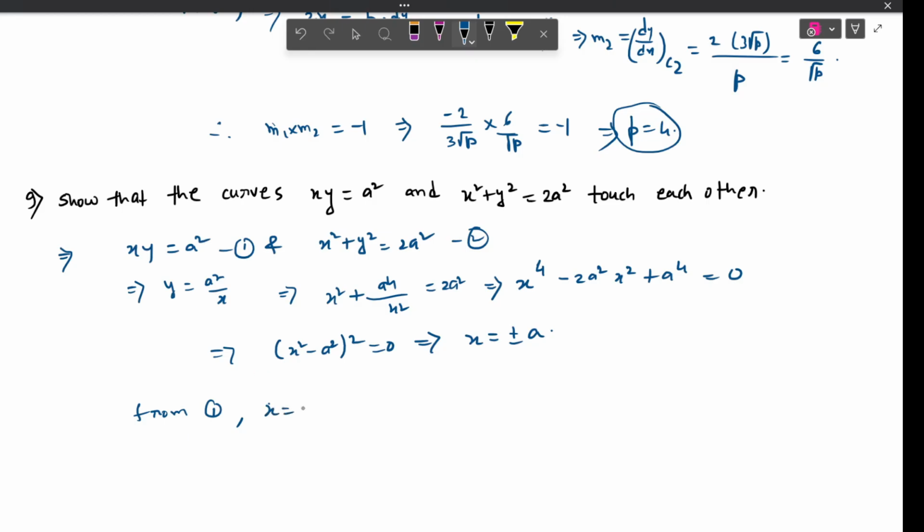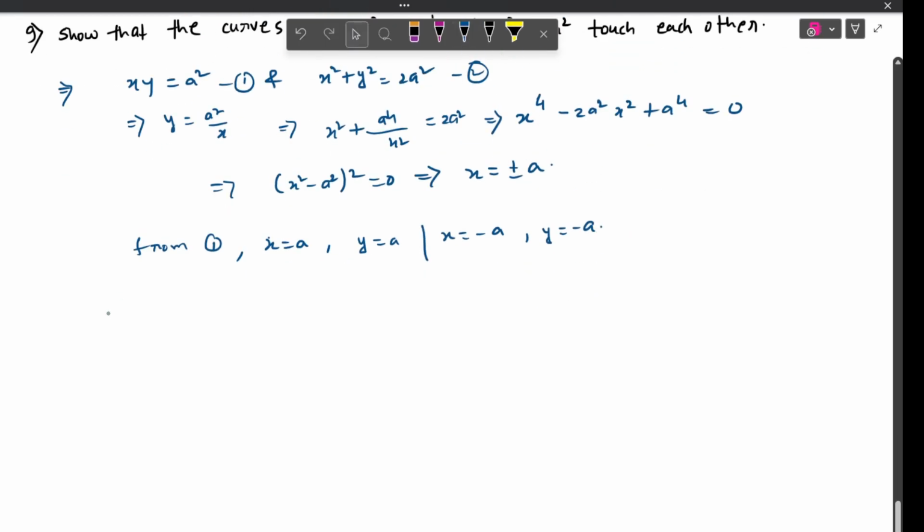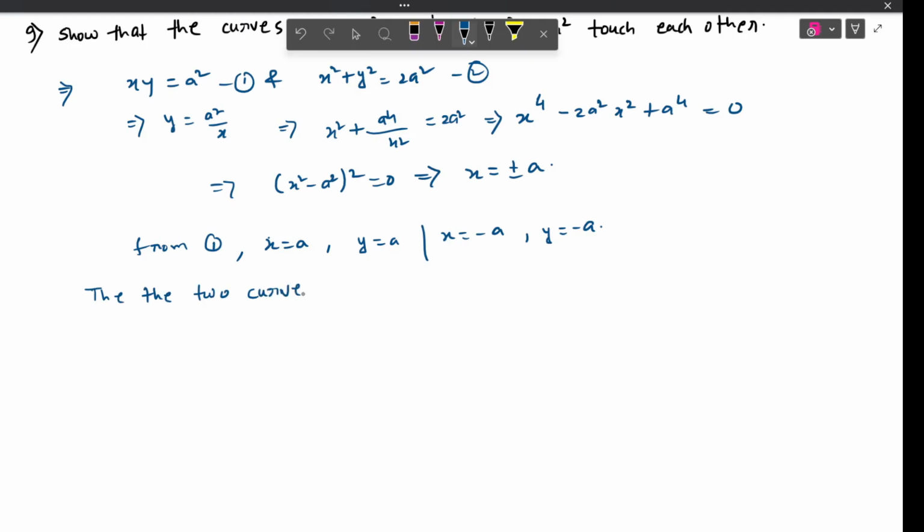So the curves intersect at 2 points. Thus the two curves intersect at P(a, a) and Q(minus a, minus a), right?